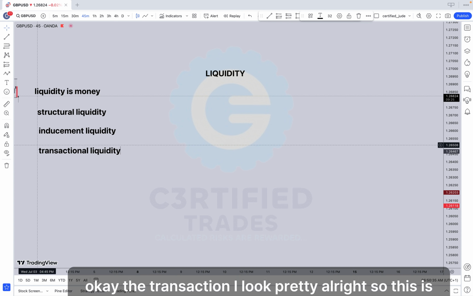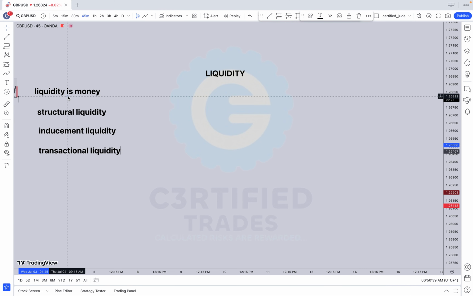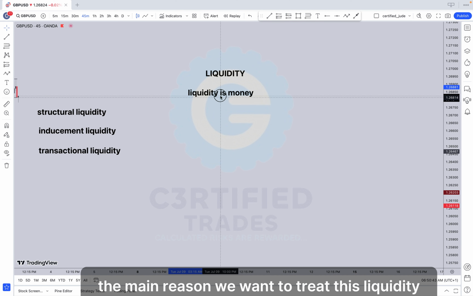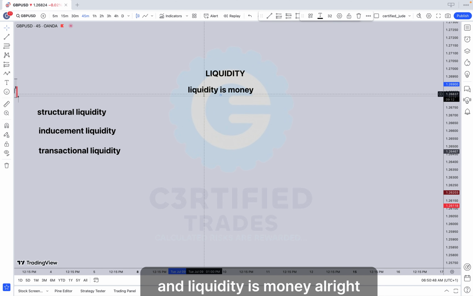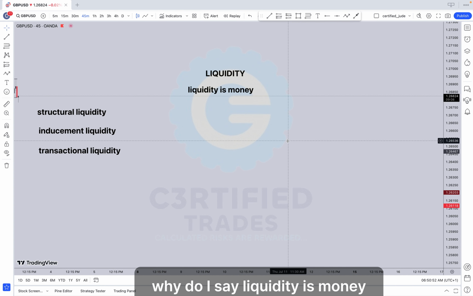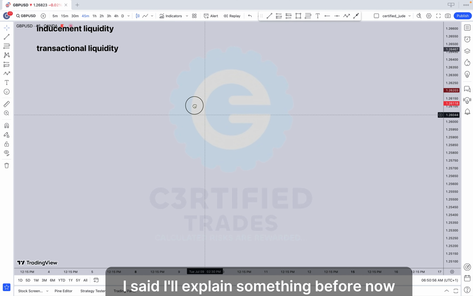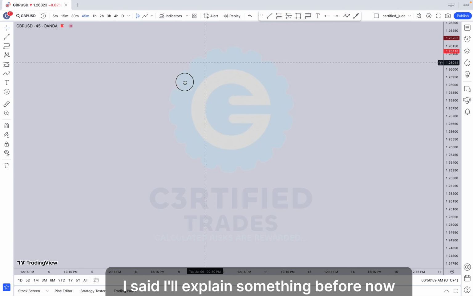This is the main reason we want to treat this liquidity, and liquidity is money. Why do I say liquidity is money? But before then, I said I'll explain something first.